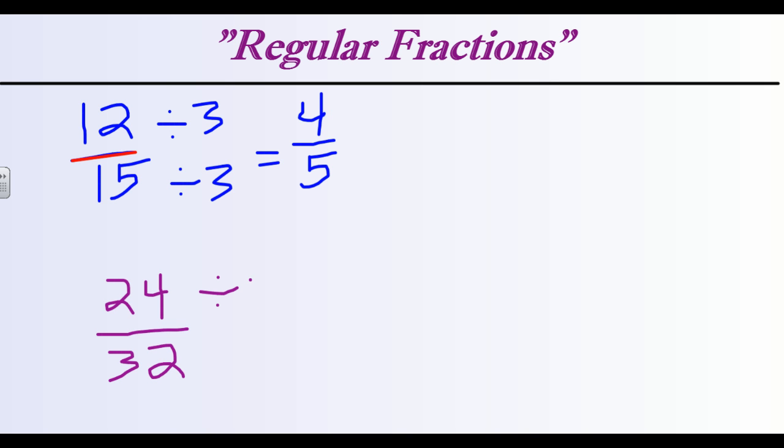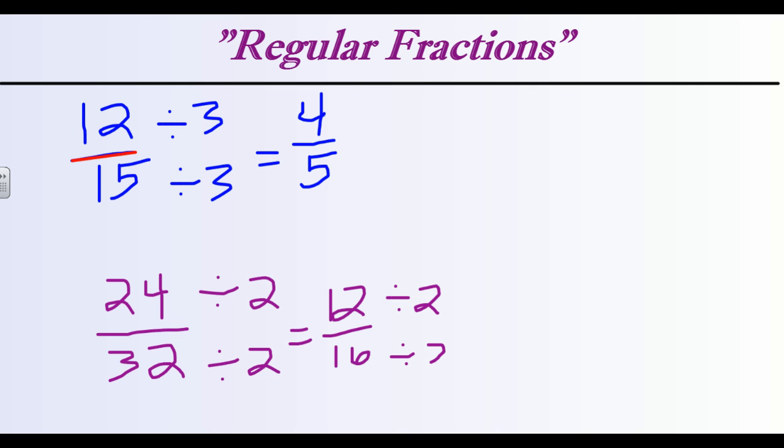Both 24 and 32 are divisible by 2, which becomes 12/16. Those are both divisible by 2, which becomes 6/8. And then 6 and 8 are both divisible by 2 also, which becomes 3/4.